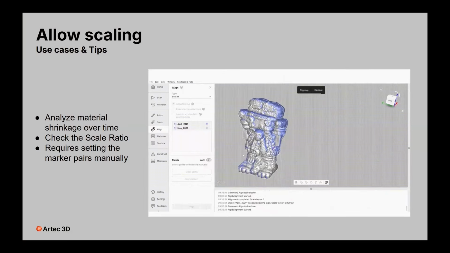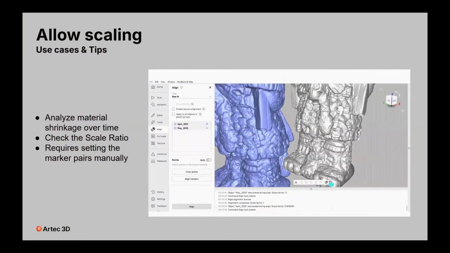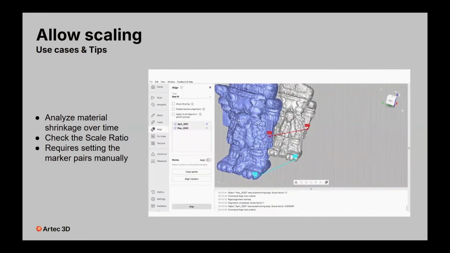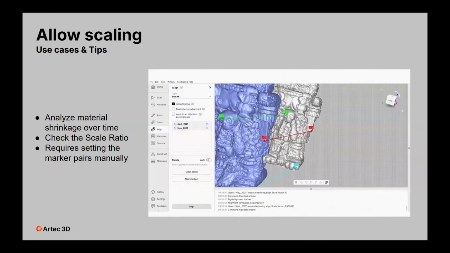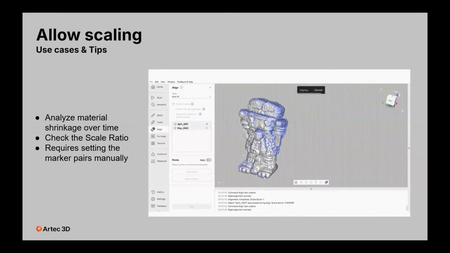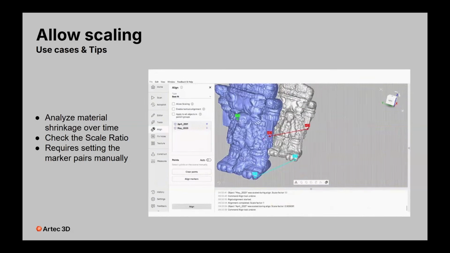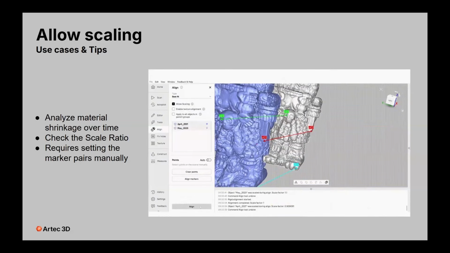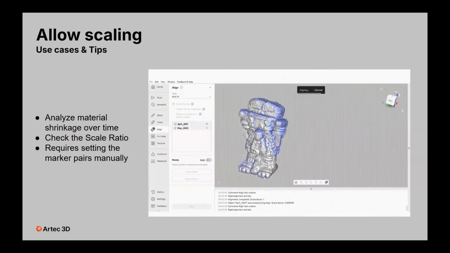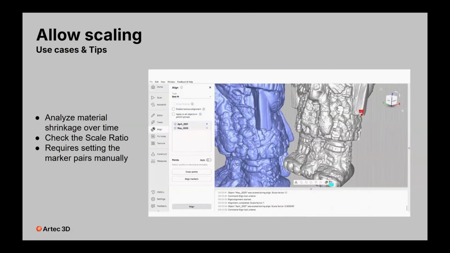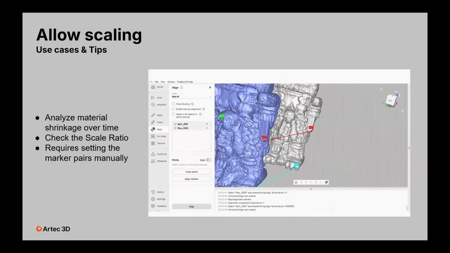This mode allows Artec Studio to scale your unregistered mesh to match the registered one. And as a result of such alignment, you are going to see the scale factor displayed in the log of Artec Studio.